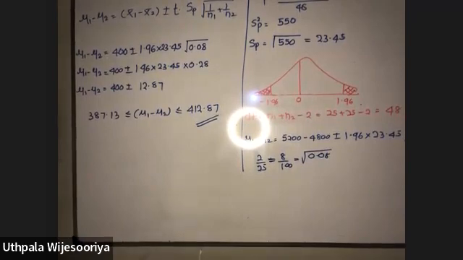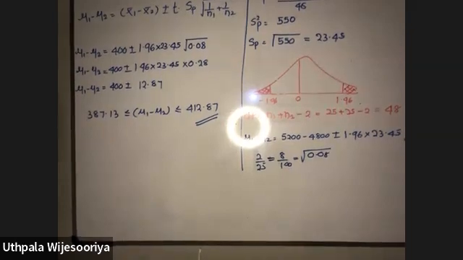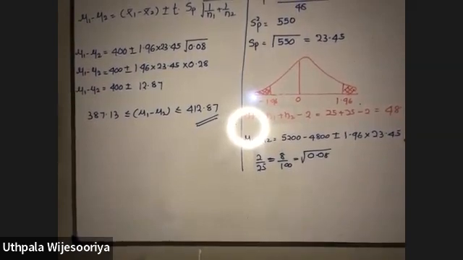Okay, the formats of sampling distribution 2.4, the various formats. Section 2.4 is over. What about last class? Formats of sampling distributions.